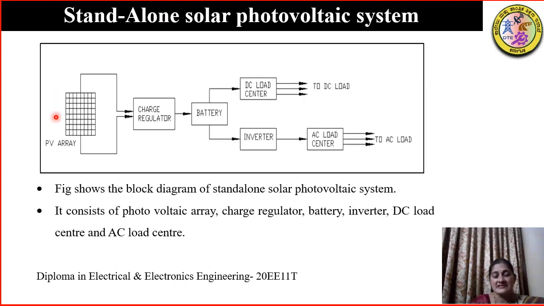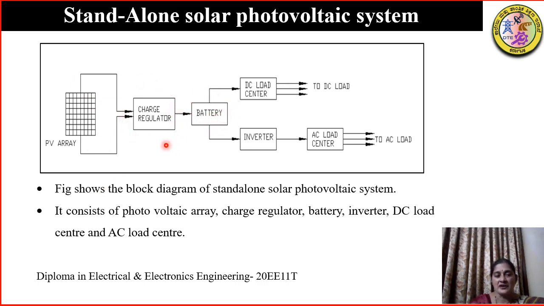In the previous slide, we discussed the schematic diagram. The same diagram we are going to represent in a block diagram. So here we have a PV array. Here is a charge controller, which we can also call the charge regulator. And here we have a battery.